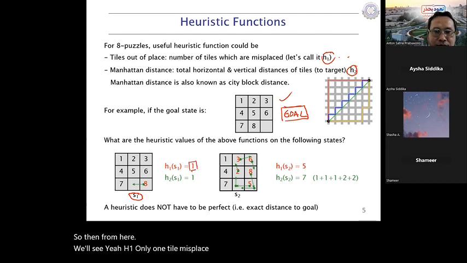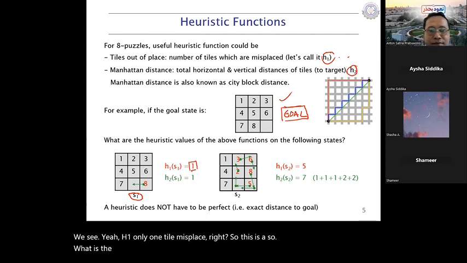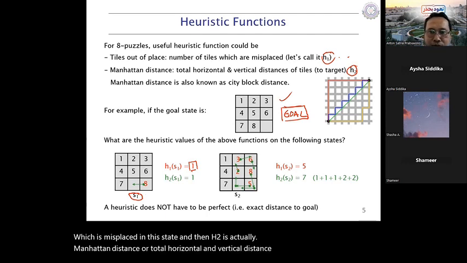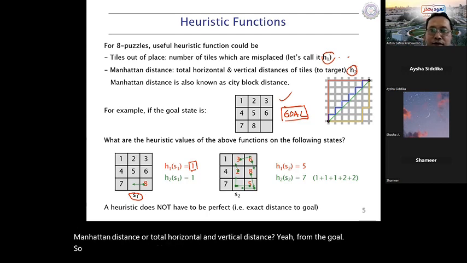This is number 8, which is misplaced in this state. And H2 is the Manhattan distance, the total horizontal and vertical distance from the goal. So how many moves do we need to reach the goal for the misplaced tile? Only 8 is misplaced.